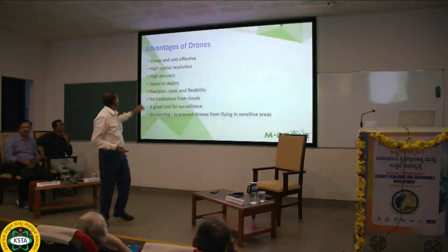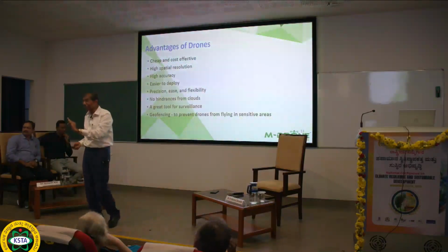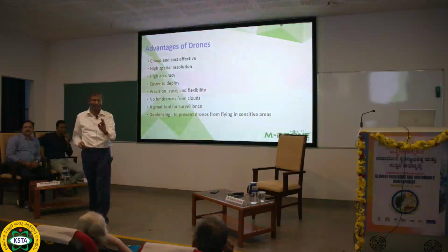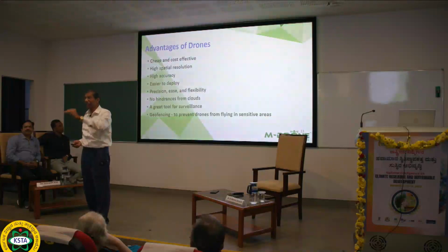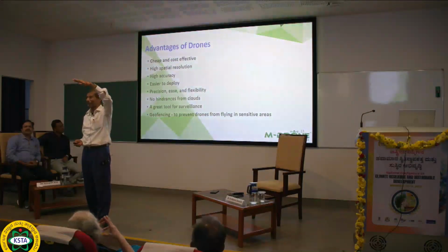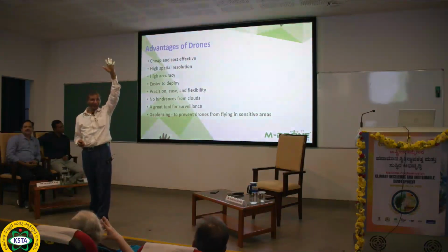Second, high spatial resolution. In terms of centimeters, one is able to get 5 centimeter, 4 centimeter, 10 centimeter from the drone, depending on your requirement and the height of flying. As I said, you can fly from just 3 feet to maybe around 400 feet as per the law.